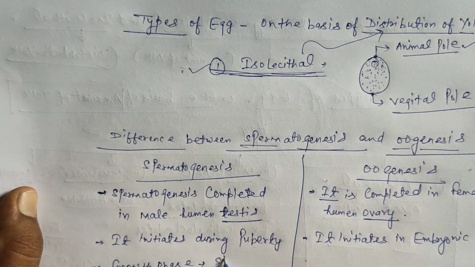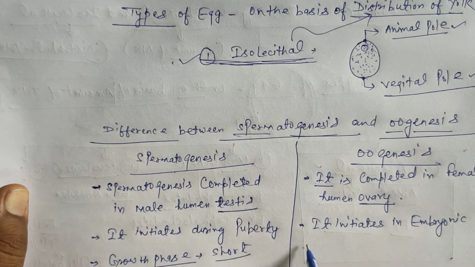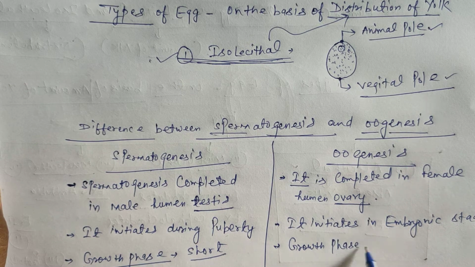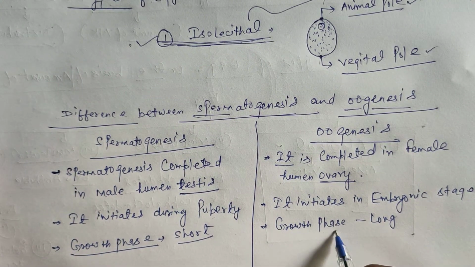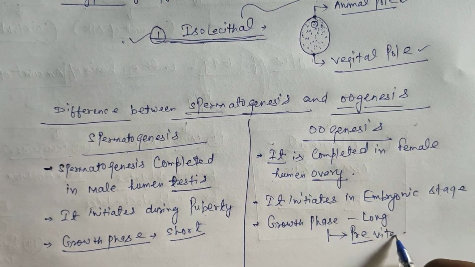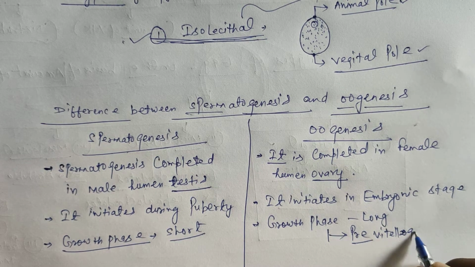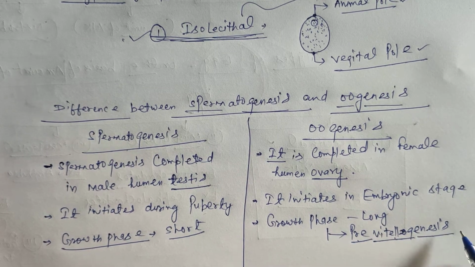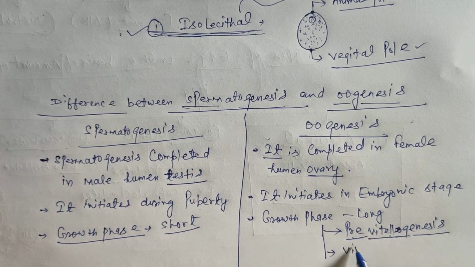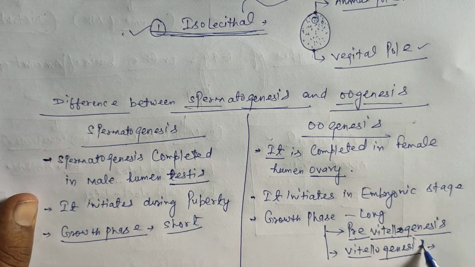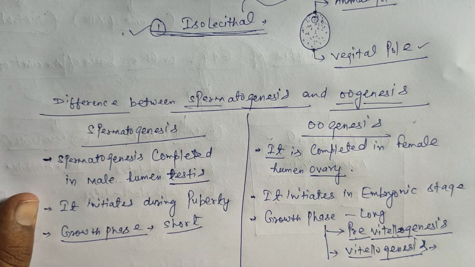Growth phase is short compared to oogenesis, but in oogenesis the growth phase is long because it completes 2 other subphases. Previtellogenesis, it means before yolk formation. Second is vitellogenesis. Vitello means yolk, genesis means formation. In this phase there is synthesis of yolk, but the previous phase is completed before synthesis of yolk.